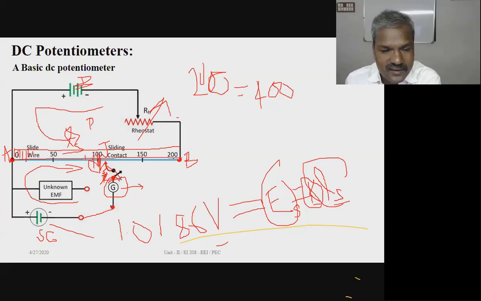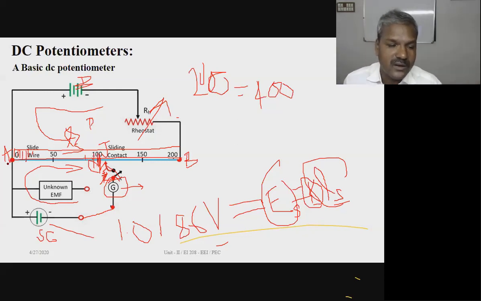You know the resistance here, and you know the resistance per unit length. This drop and that drop are equal, so you can easily find the resistance. Suppose it is at the 100 position, where the total resistance is 400 ohms and the resistance at 100 is 200 ohms.